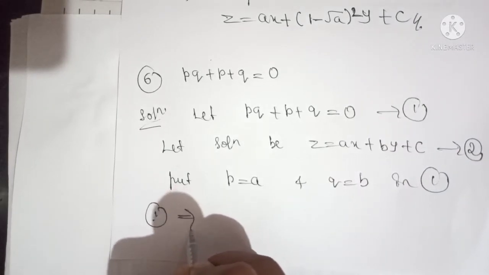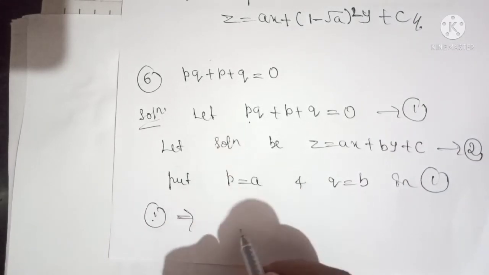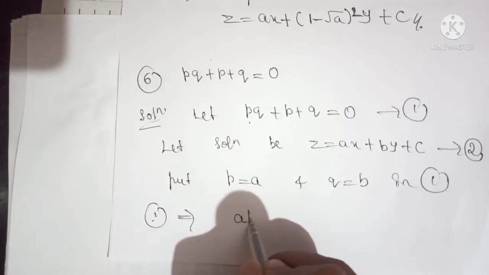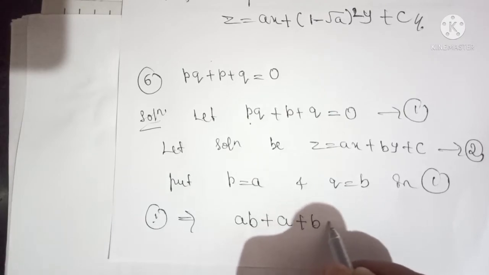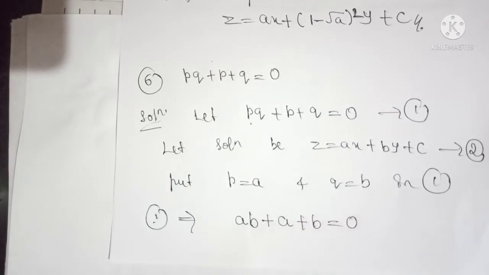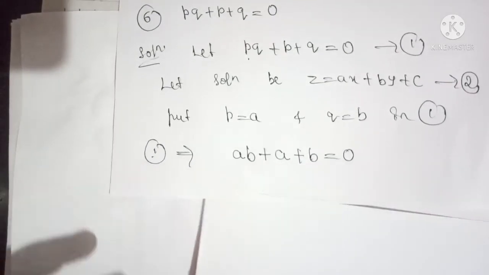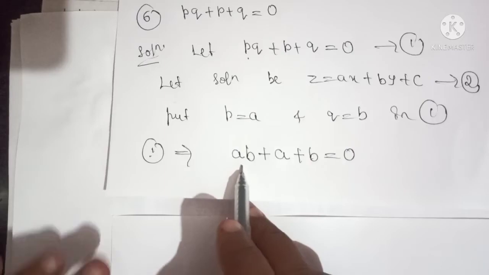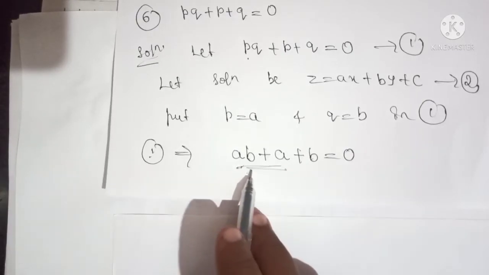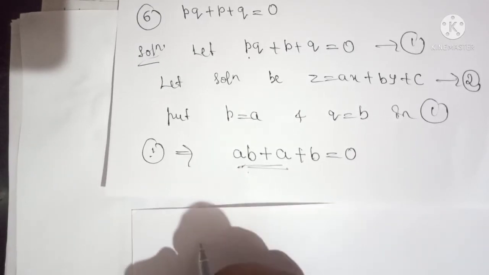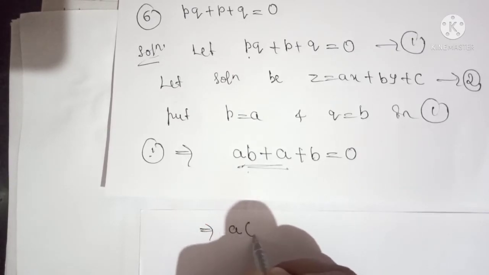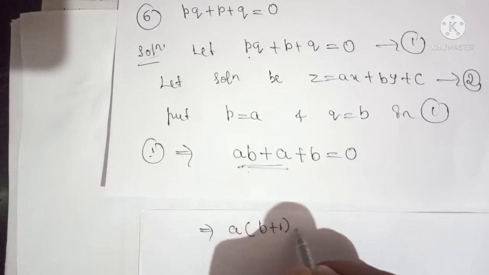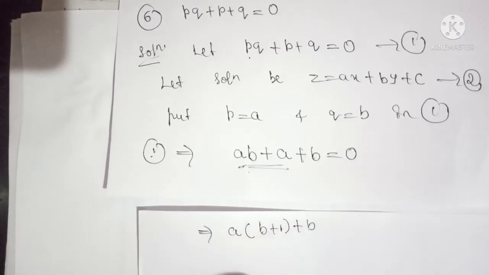Equation 1 implies that p value is a, q value is b, so ab plus p value again a, plus a plus b equals 0. Now we have to solve for b. You can observe that in these two we can take a common, so that we get a taking outside, b plus 1 plus b.